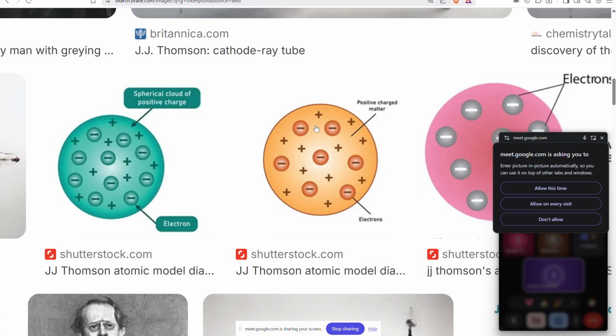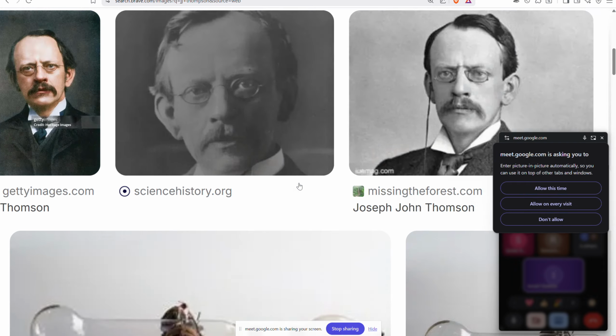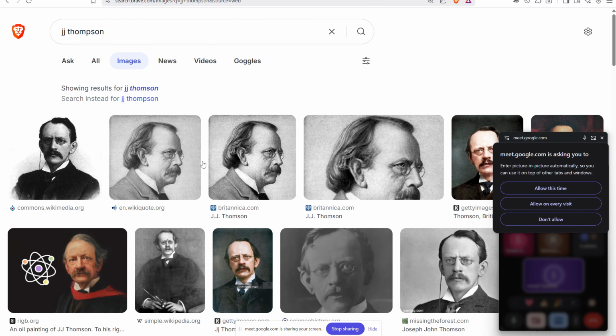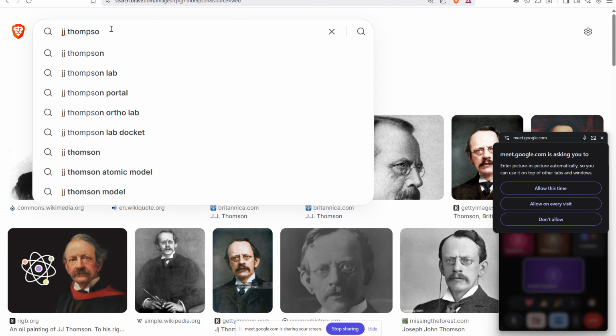But you can say that the negatively charged particles are enclosed within small spheres, like small enclosures. So the whole bigger sphere is positively charged, but within these small spaces are negatively charged particles. Do not forget, he used the cathode ray tube.